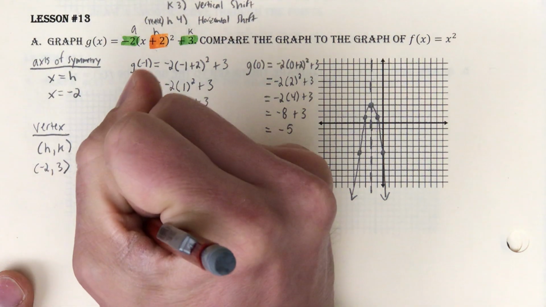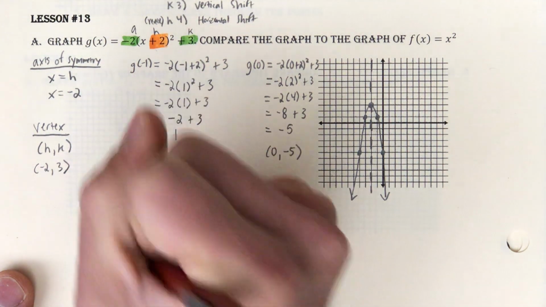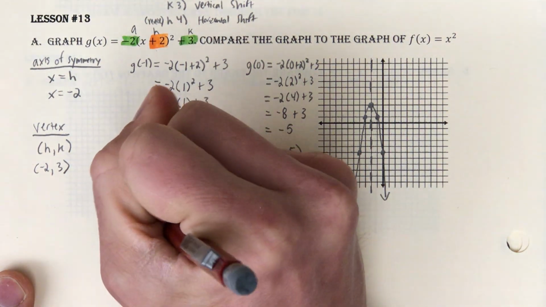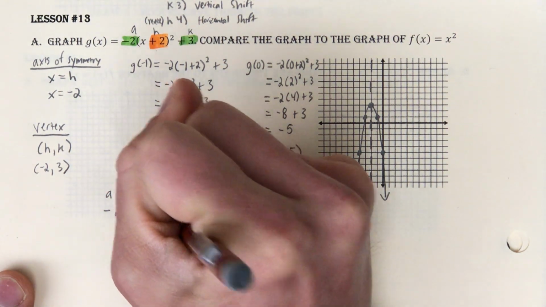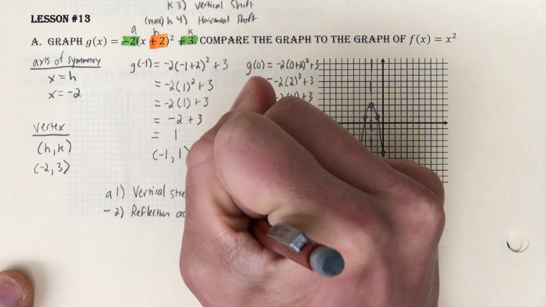And then second thing we're going to do is reflection, which again is determined by a negative. Well, we did have a negative, so that means we had a reflection, and reflections with parabolas always happen across the x-axis.